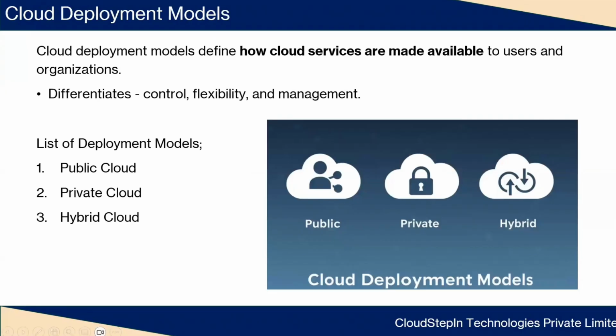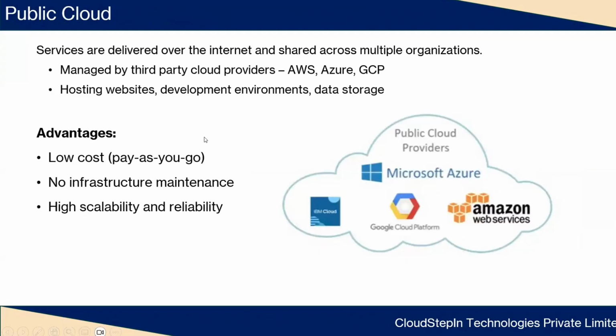Now, the deployment model. A cloud deployment model refers to how cloud services are made available. There are three main types: public cloud, private cloud, and hybrid cloud. Public cloud means it is owned and operated by third-party providers like Microsoft Azure, AWS, and GCP.